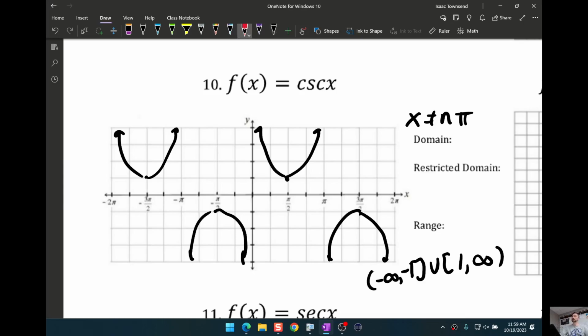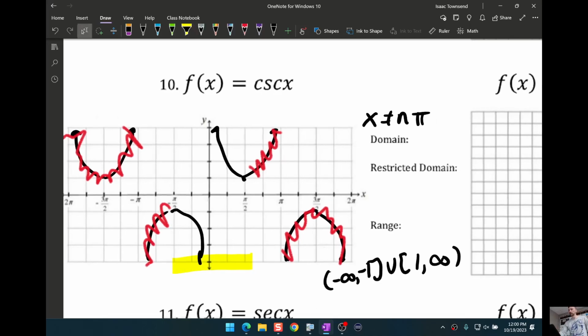So, for cosecant, the part of the graph we choose to ignore is all of this stuff and all of that stuff. So we restrict the domain to here. But notice x can't equal 0. So we've got to split this into two parts.